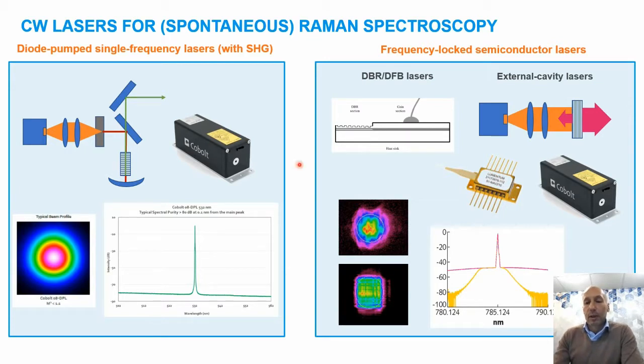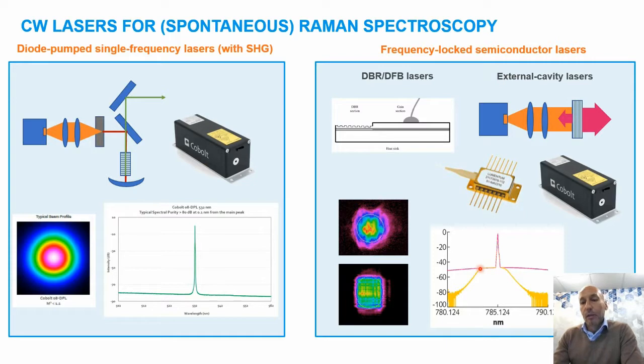The frequency locked semiconductor lasers have somewhat different spectral properties. They can operate as single frequency or narrow line width depending on the output power. But there is always a broadband side emission down at around 40 to 50 dB from the main peak that comes from amplified spontaneous emission from the diode laser.